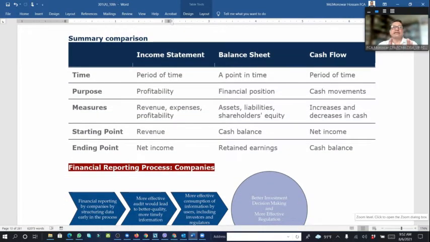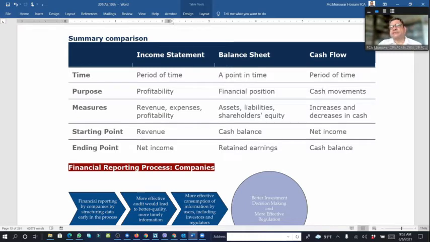In the summary comparison, the income statement shows a period of time, a specific period, January to December. In our country, two years ago, the NBR, through the budget and Finance Act, declared that the financial period of a company should be July to June for tax purposes.